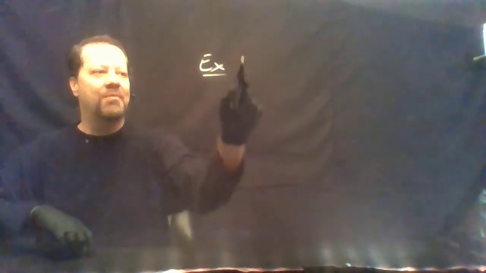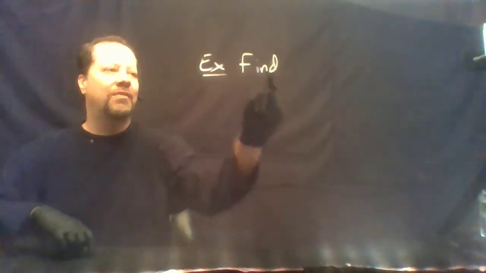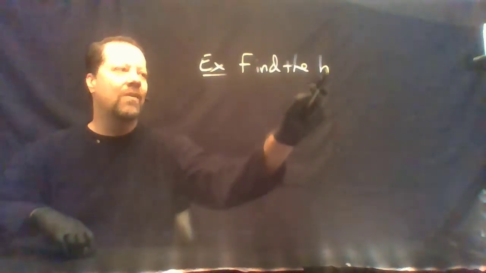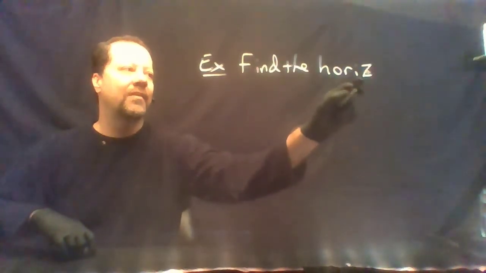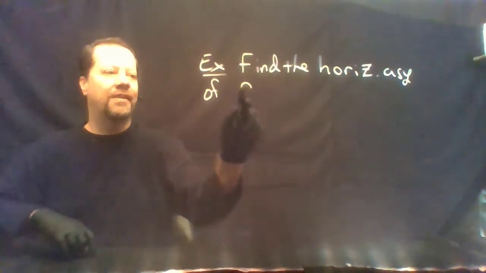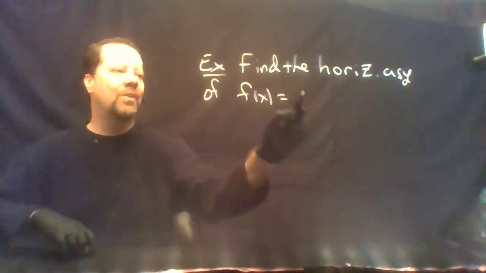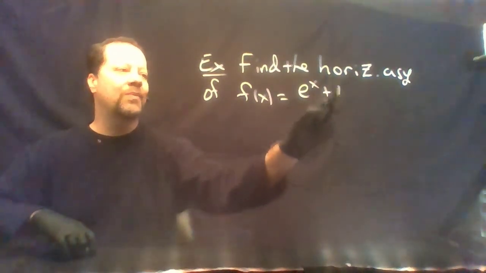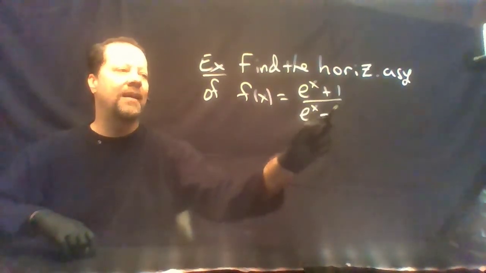On the next example, we'll find the horizontal asymptotes of the function f of x equals e to the x plus 1 over e to the x minus 1.